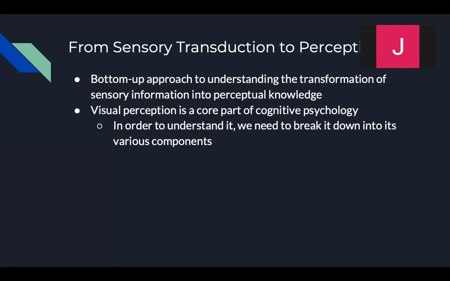So we are going to talk about how vision happens, both in terms of how our eyes take in information and how our brain processes it. And like I said, we'll be talking about that to not only show an example of this sort of bottom-up processing approach, but also to help you become better familiarized with vision.